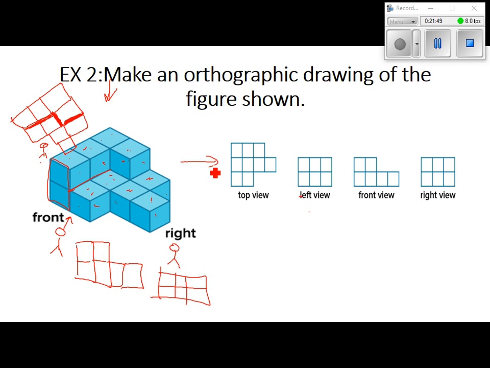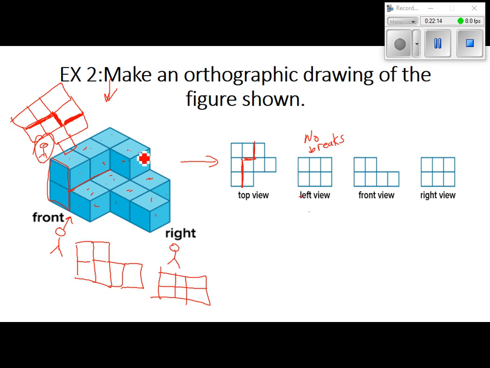Let's see, how did they draw it here? They got it sideways for me, so it looks like they have a break here, here, and then here. And then for the left view, which would be this one back here, there are no breaks, because it just looks like 6 solid blocks.